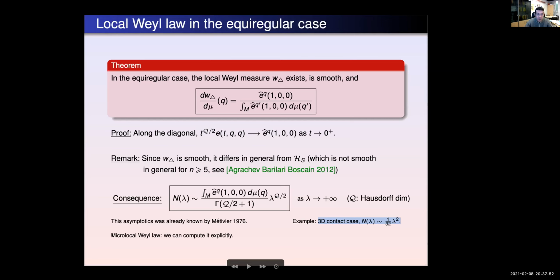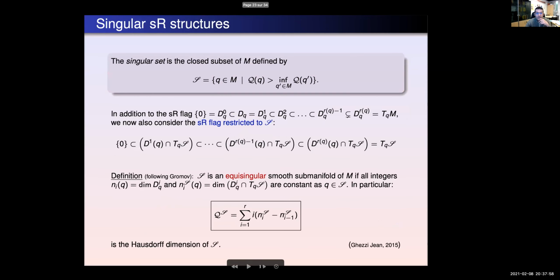By the way, we can also compute the microlocal Weyl law, but I do not give details here. Let me jump directly to the most exciting singular sub-Riemannian case, in which there are much more surprising issues. I already defined, for the Martinet case and for the Grushin case, what the singular set is.